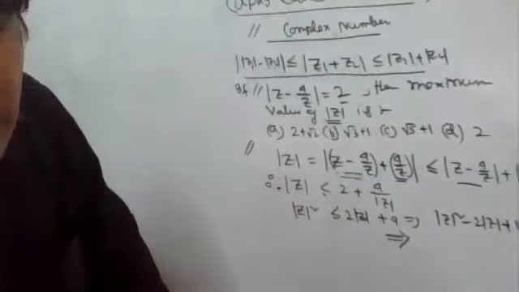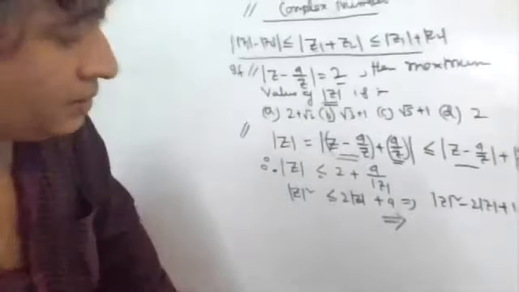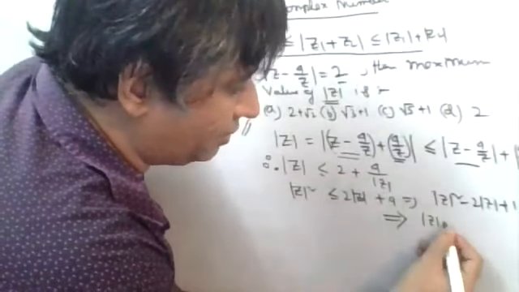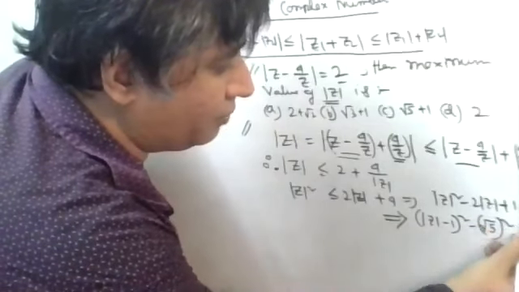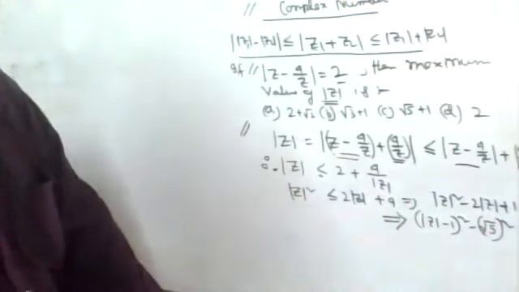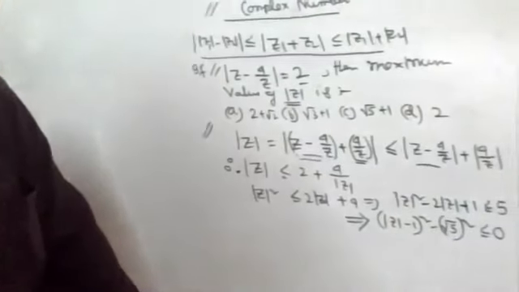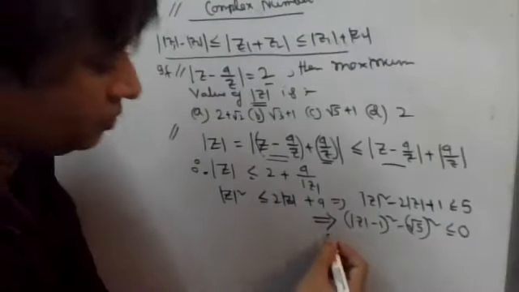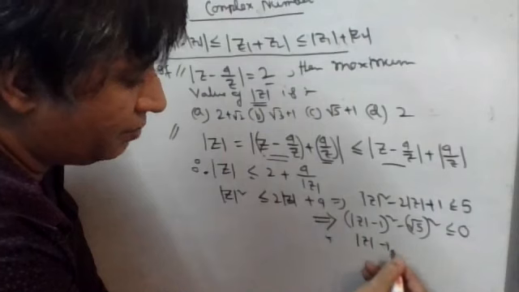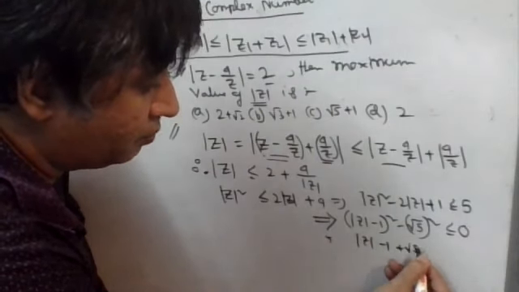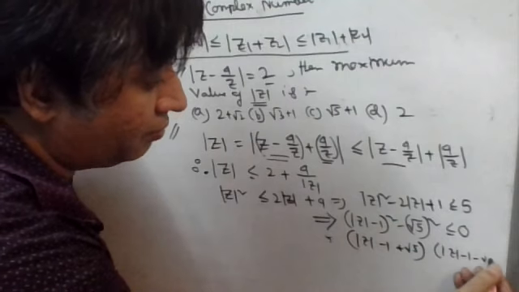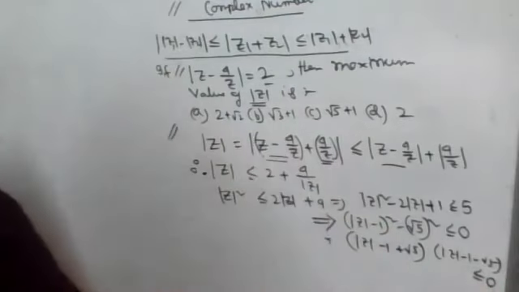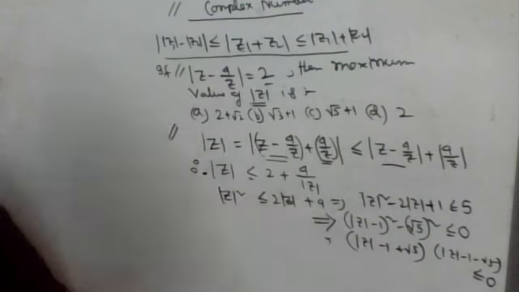That gives us, what? (Mod z minus 1) whole square minus (root 5) whole square is less than or equal to 0. So (mod z minus 1 plus root 5) times (mod z minus 1 minus root 5) is less than or equal to 0. Okay.